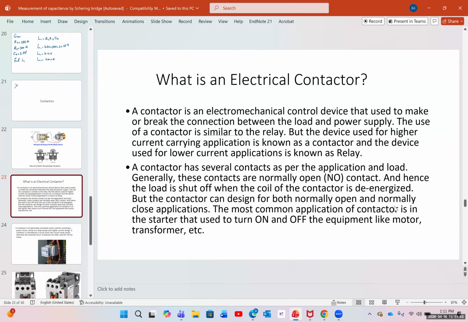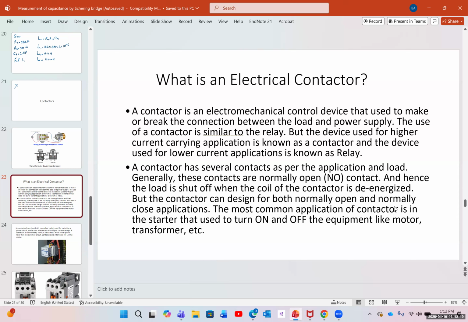Whenever you see a normally open terminal, it means that when the system is off or de-energized, the contact is open. That's the reason we call it normally open. It means when it's off, in a normal situation, it's open. And when the system is energized, it's going to be closed.